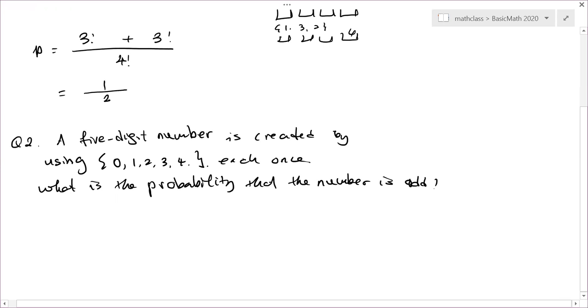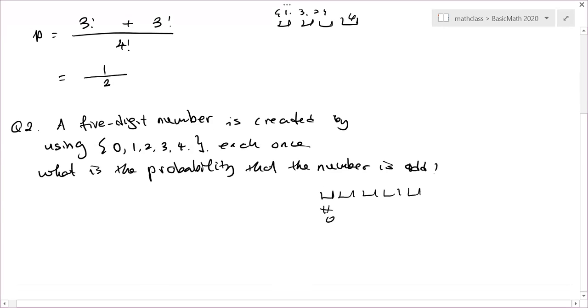Even for the denominator, you have to be very careful: the number of all possible outcomes. So you have 5 digits, and the first one on the left cannot be 0. Be careful, this cannot be 0. That's my hint.